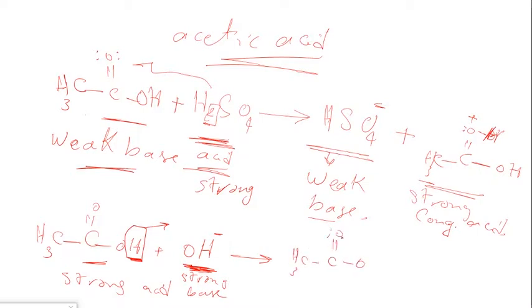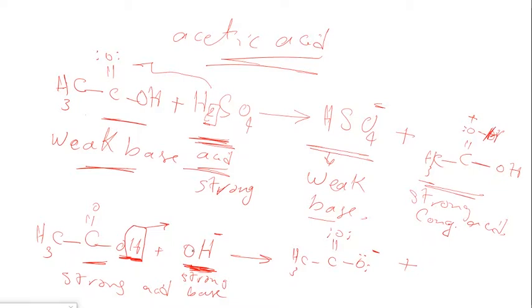You still have the two lone pairs on the oxygen, and although you started with oxygen OH, you ended up with oxygen with a negative charge and two lone pairs.